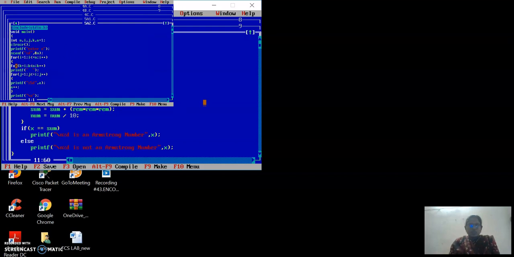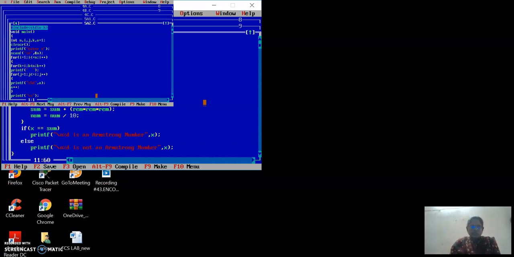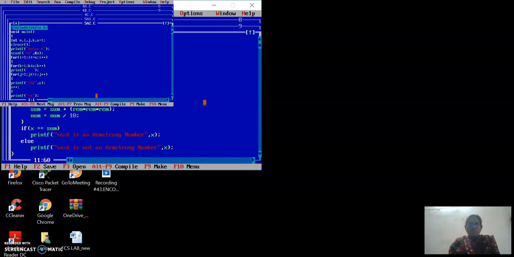See here, I am including one more k loop where it prints the spaces. So the output for this will be like this. This is an equilateral triangle. These are the two pattern programs in 5A.